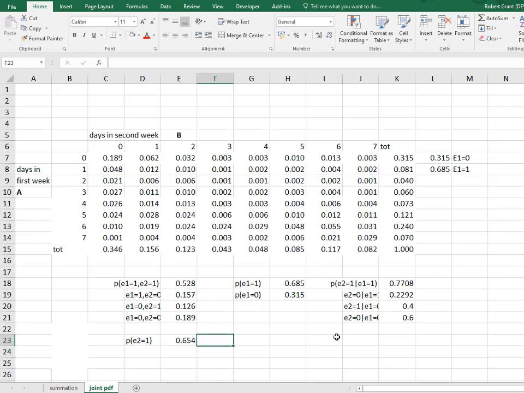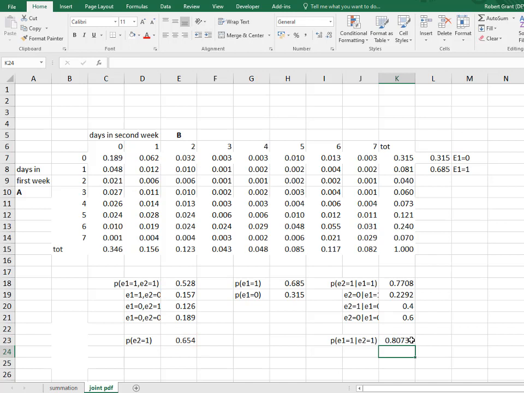Which is going to give you now this other conditional inference. So again, it's the joint probability divided by this marginal probability.